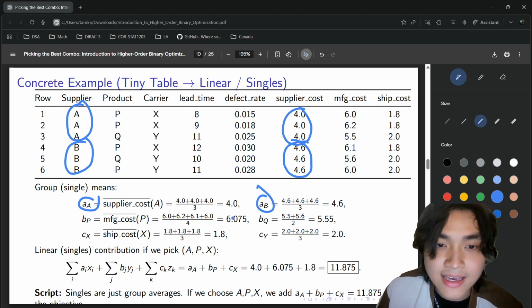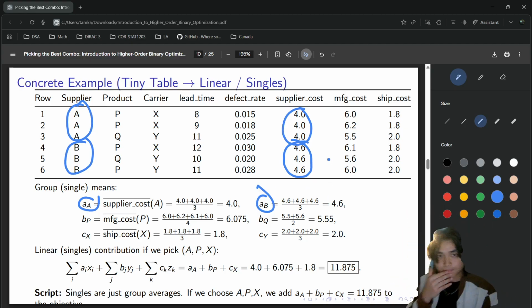So in this case, supplier A has 4, and B is 4.6.